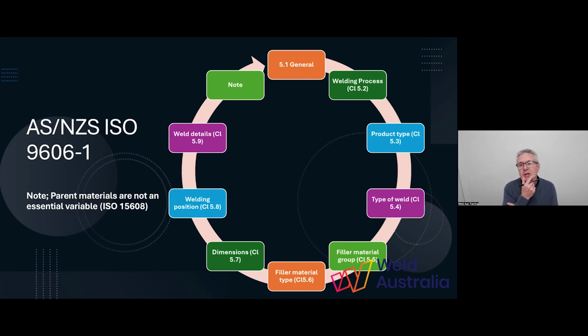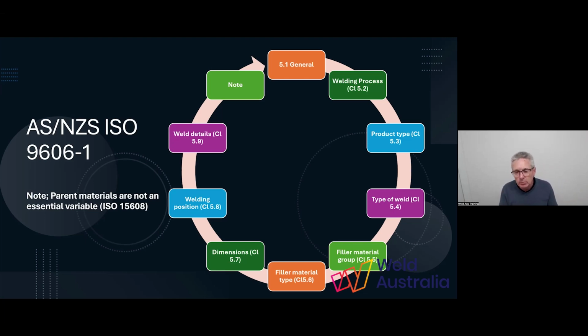Where we often see a variation is naturally filler material group or that sort of thing. All right, so the type of consumable, we get a range there. Product type, so is it basically plate or is it pipe, tube? And they do consider RHS and SHS in this standard.